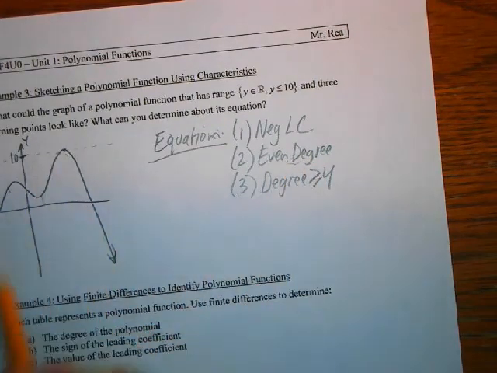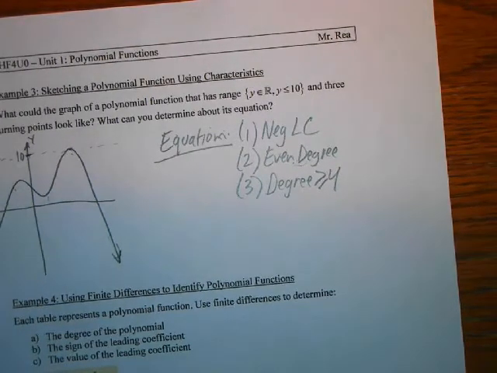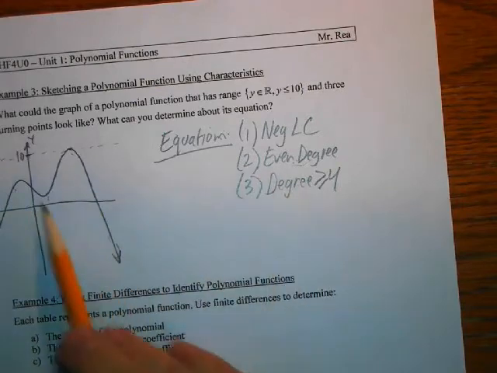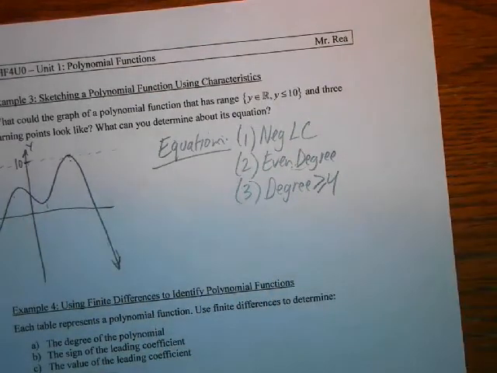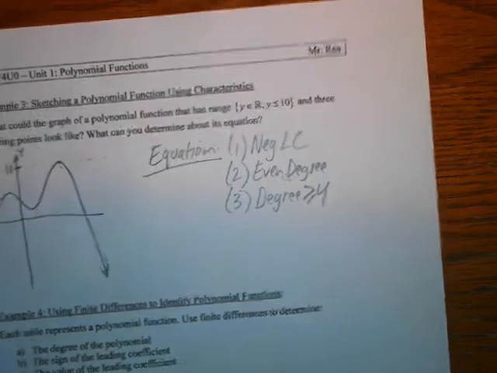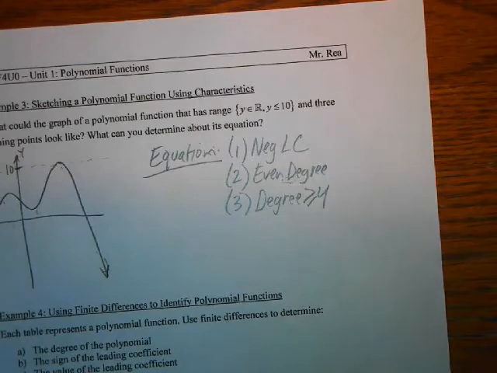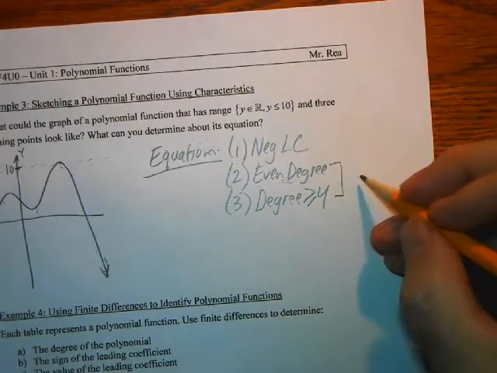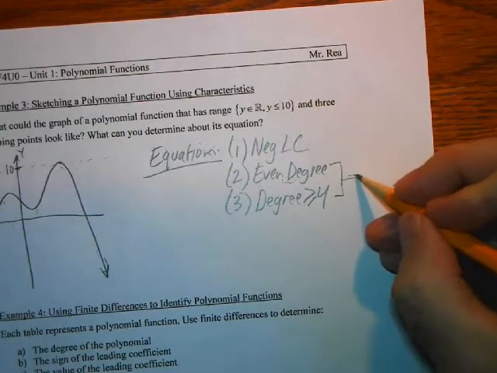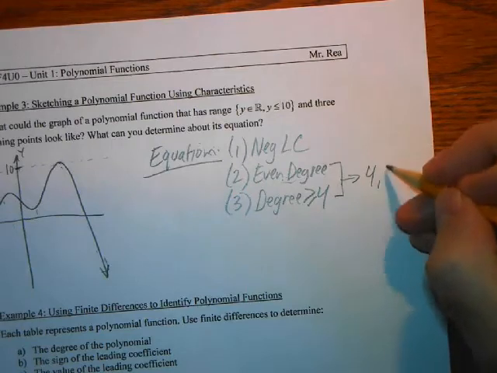You can look at this and say, well, that's obviously not a quadratic, but you can also tell that by the number of turning points. The number of turning points can't be any more than 1 less than the degree. Okay, so if we put these two together, the degree is 4, 6, 8, and so on.